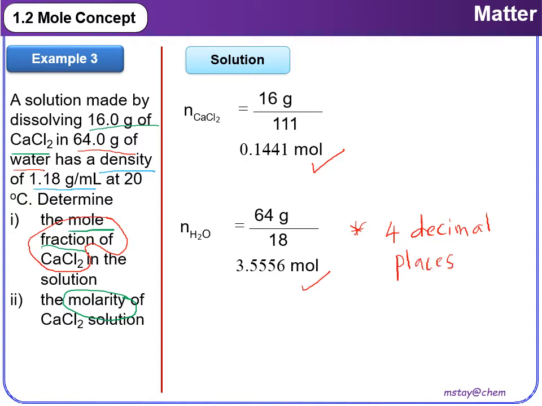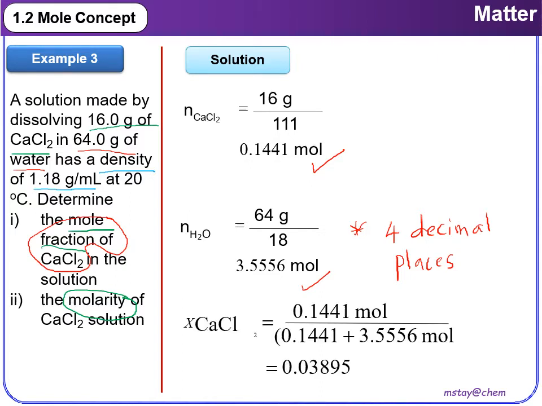Then now we can determine the mole fraction of calcium chloride in solution: 0.1441 divided by the total number of moles equals 0.03895. Why did we say just now that mole fraction has no unit? Because when you look at here, this is mole over mole, and the moles can be cancelled out. So that's why there is no unit for mole fraction.